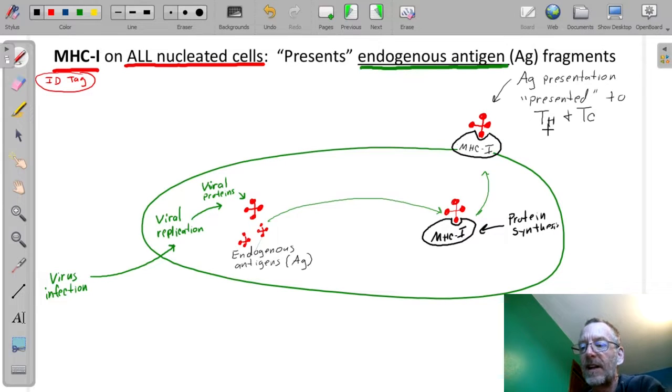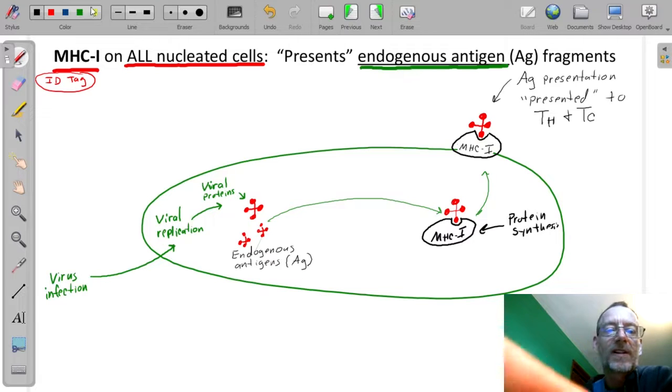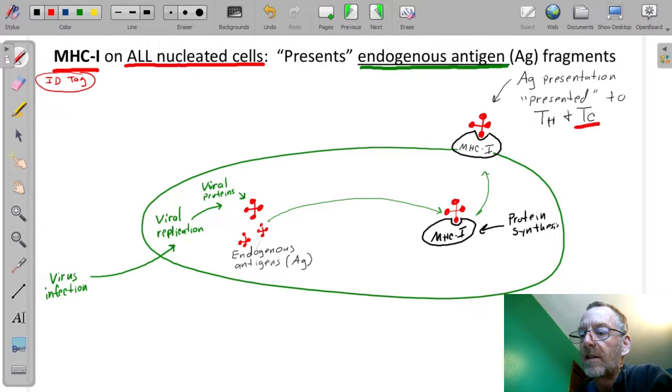They're sort of this secret handshake. They recognize MHC1 as being normal body cell, but then they also recognize this foreign antigen, and they say that's not supposed to be there. So then the cytotoxic T cell kills the host cell.